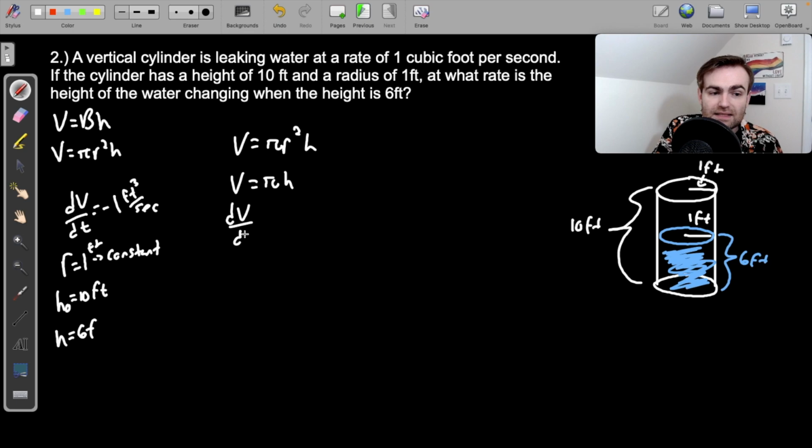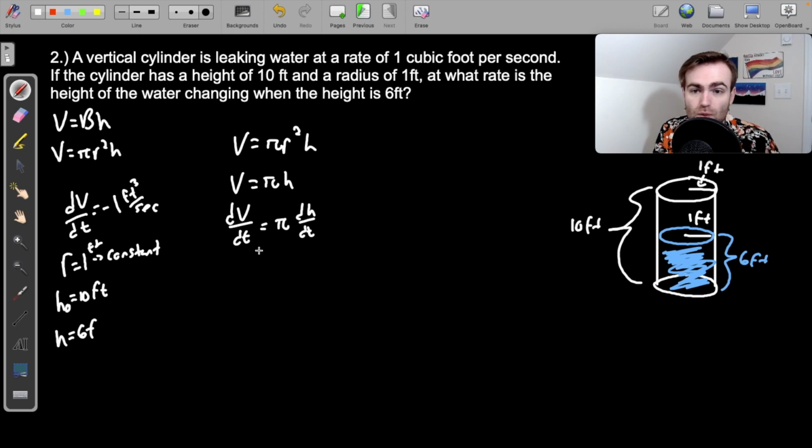dV/dt is equal to pi dH/dt. With the information that we have, just to reiterate, we determined that the radius was constant throughout the cylinder. And that is really, really important because this relationship is very, very simplified.